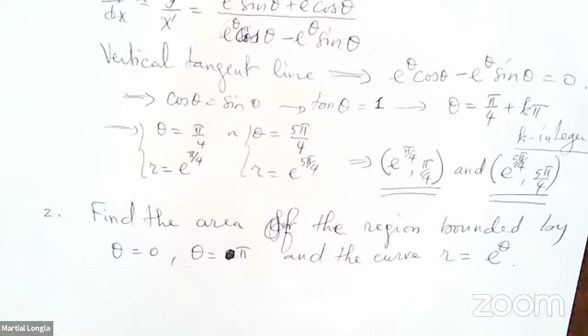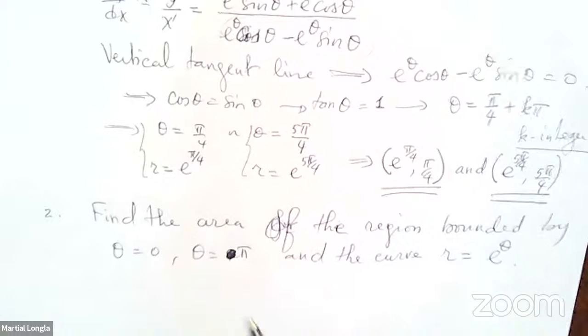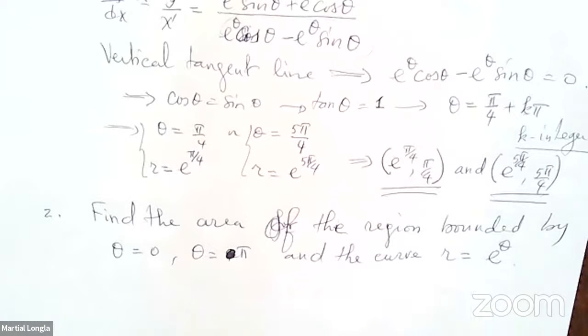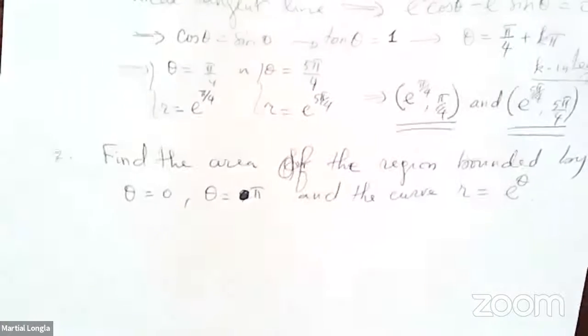Find the area of the region bounded by the angles theta equals 0, theta equals pi, and the curve r equals e to the theta. That's the second part of the question. Take 5 minutes on that and give me what you think.